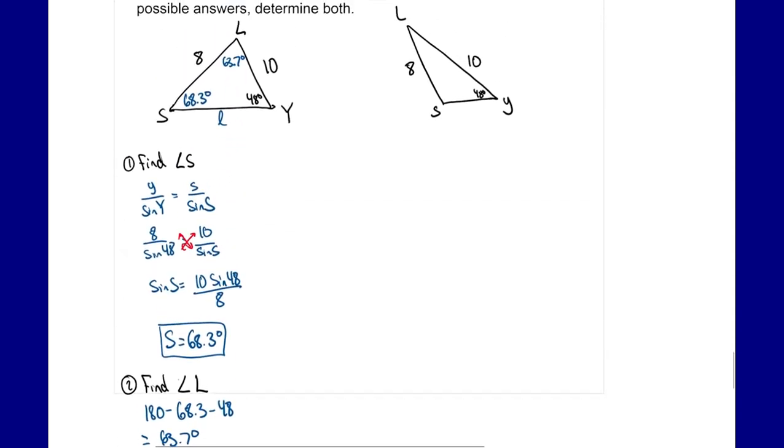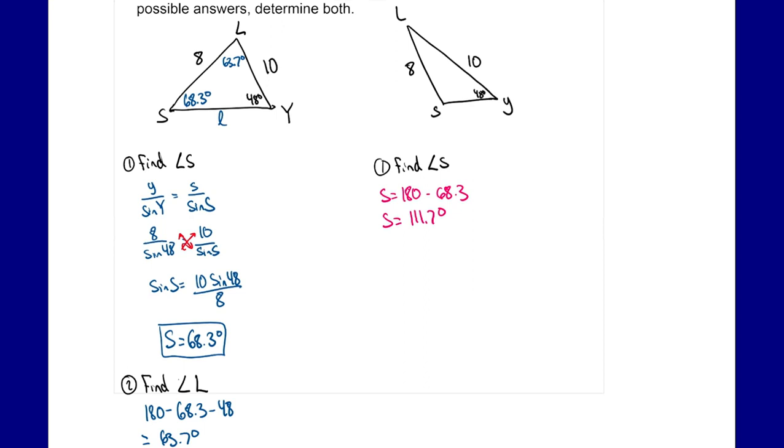That's case 1. Case 2 is very similar. However, in step 1, for finding angle S, I'm going to use case 2. So I'm going to do 180 minus 68.3. We get S is equal to 111.7 degrees. So again, those are our two scenarios for that angle.